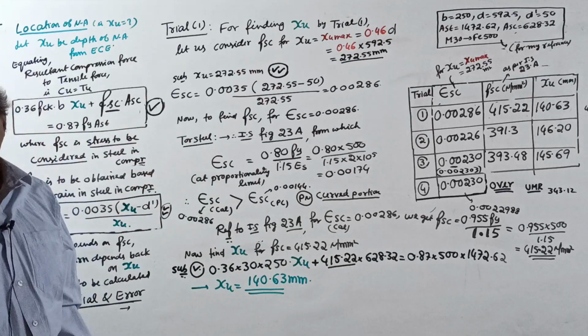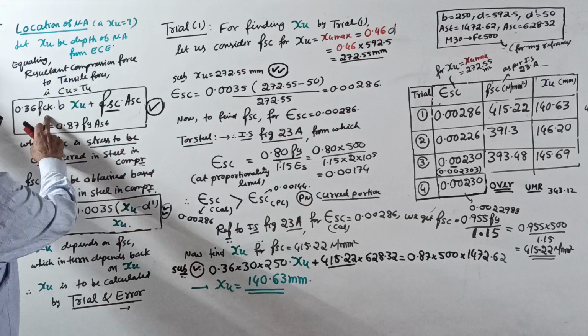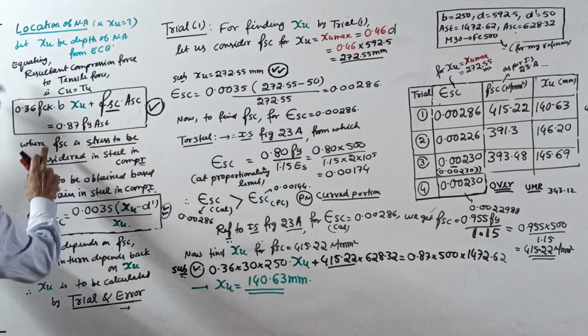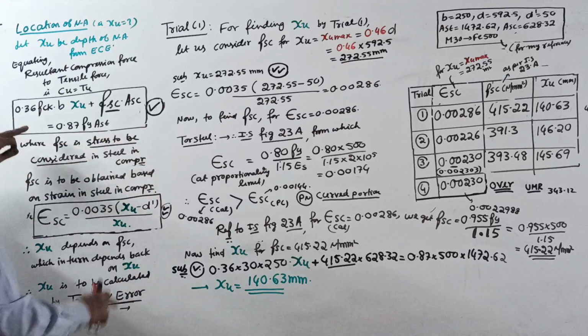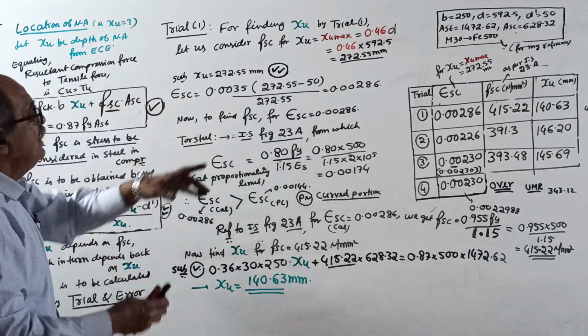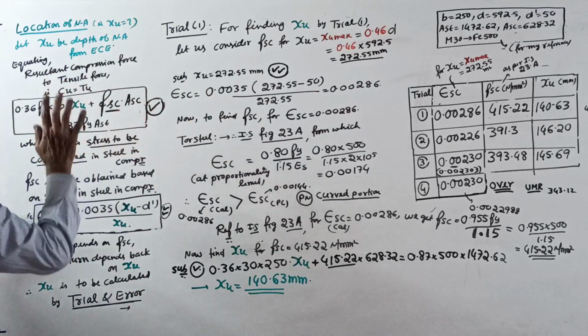Those who do not know the principles, learn the formula by heart: 0.36 fck b xu plus fsc Asc minus fc Asc equals 0.87 fy Ast. I will call this a right mark, and I will tell you why. Later, if I put a right mark, it means this equation or expression.